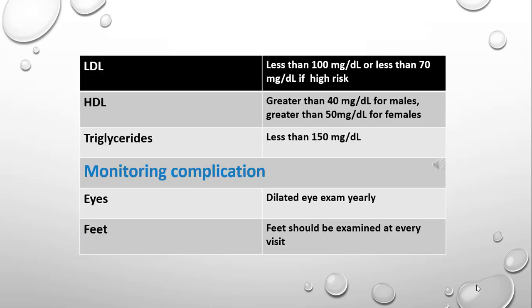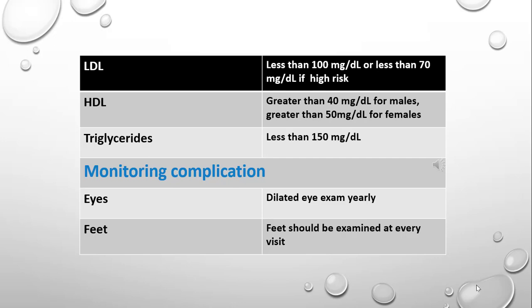Low density lipoprotein should be less than 100 mg per deciliter, or less than 70 mg per deciliter if the patient is at high risk. HDL, that is high density lipoprotein, should be greater than 40 mg per deciliter for males and greater than 50 mg per deciliter for females. The triglycerides level should be less than 150 mg per deciliter.